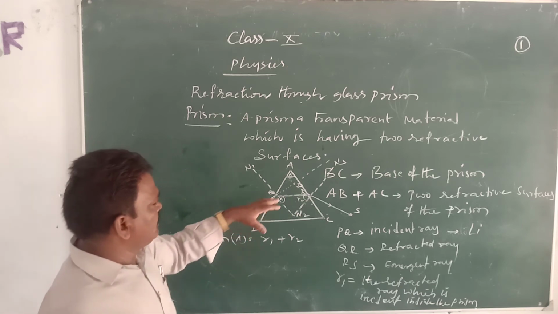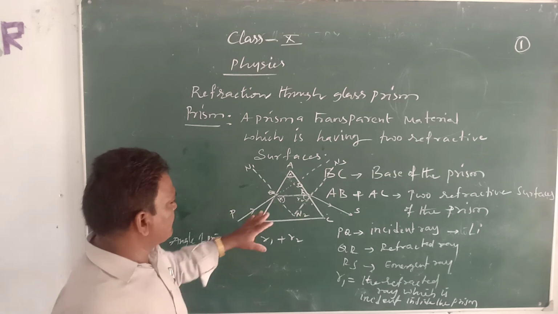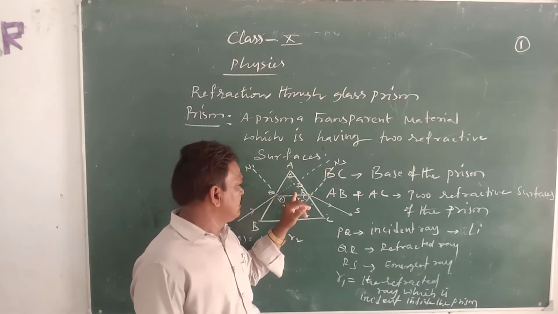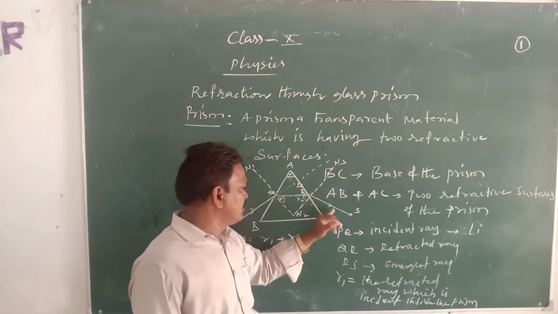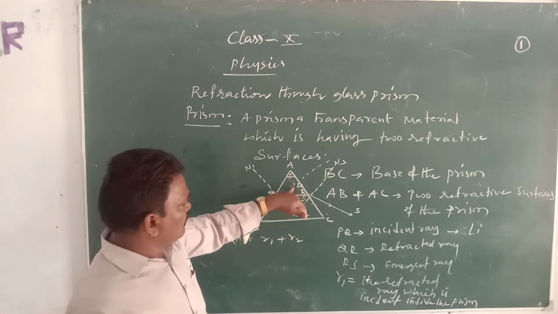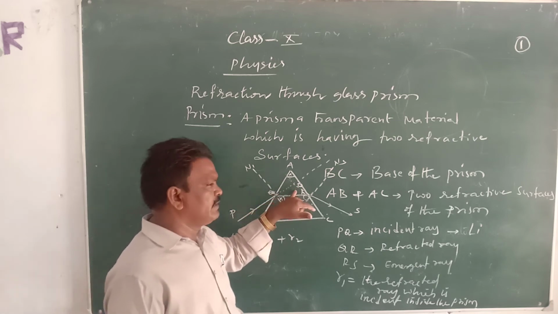And the deviation of the incident ray as it goes outside the prism is called the angle of deviation.